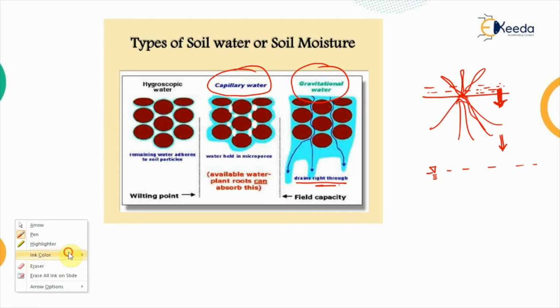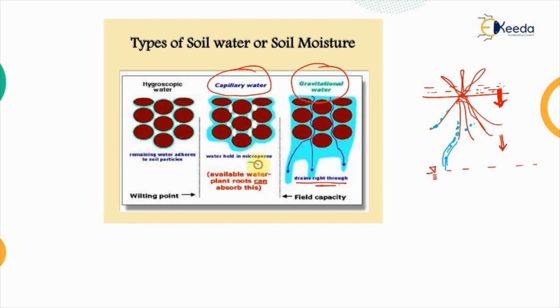A certain amount of water will be sucked up by the roots of these plants because of capillary action, and that water is stored within the root zone. It is held by the plant in the micropores present in the root zone.